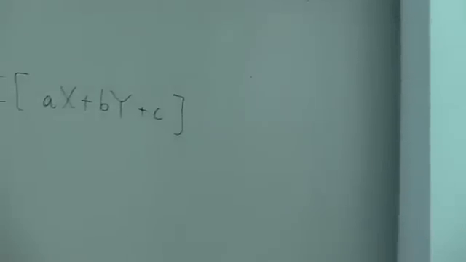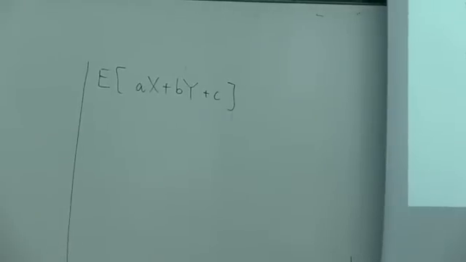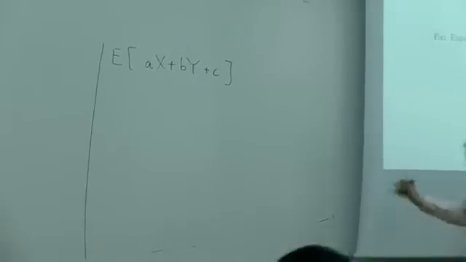Well, it's not hard to guess that linearity extends to this, and the expected value of aX plus bY plus c is a times expected X plus b times expected Y plus c. Let's just try to show this. In fact, I would recommend you do this on your own because it's going to be a really nice exercise for you, just to get used to doing these things.